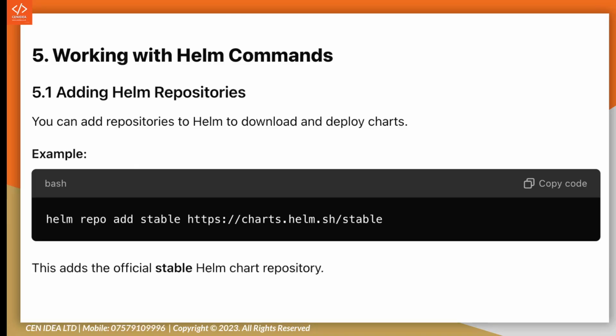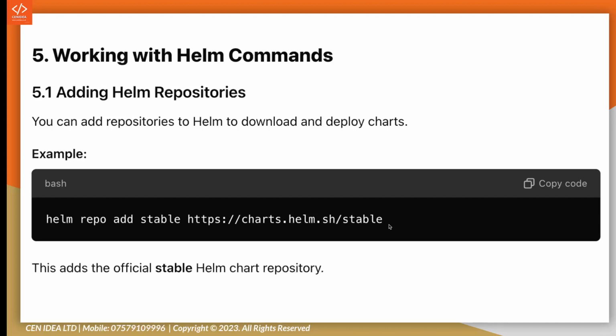But let's talk about the commands at the minute because I think it's time for it. So when you want to work with a Helm chart that is already created by someone else and is pushed into a repository somewhere, all you really need to do is find the address of that repository. An example here is charts.helm.sh/stable. So here is the address of that repository.